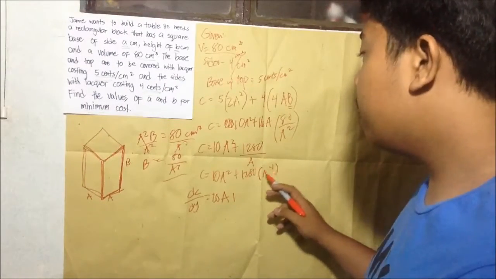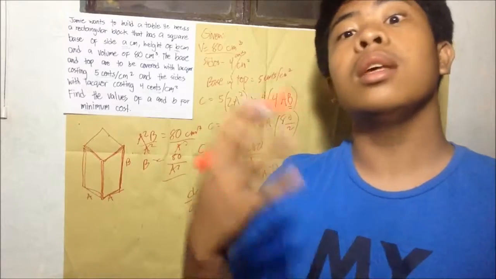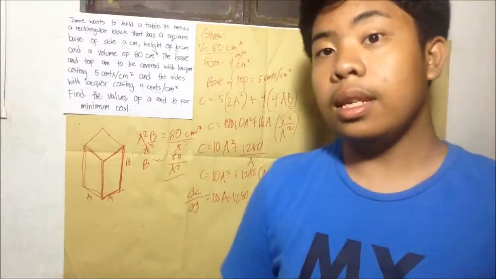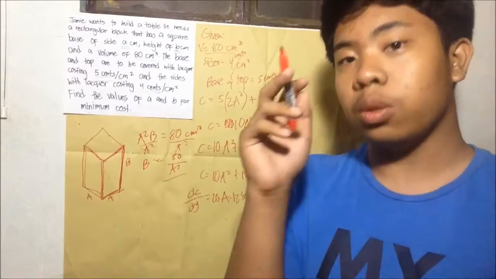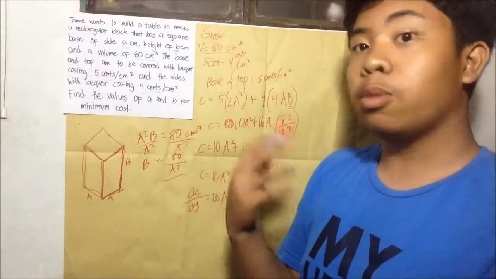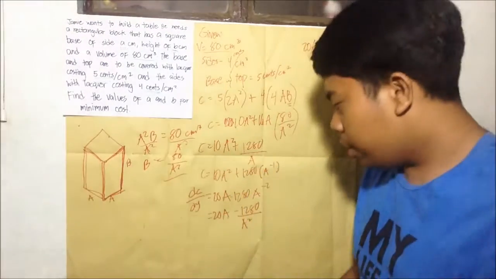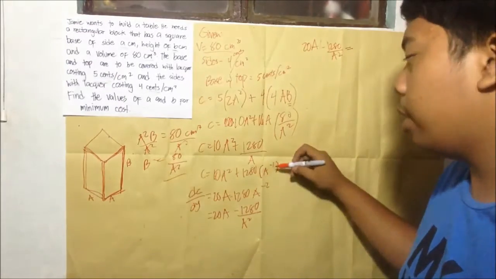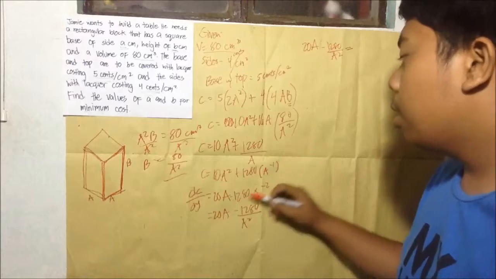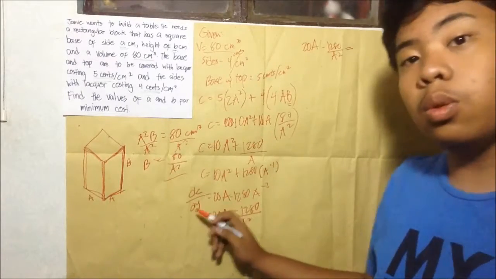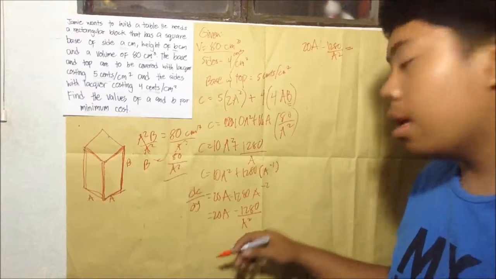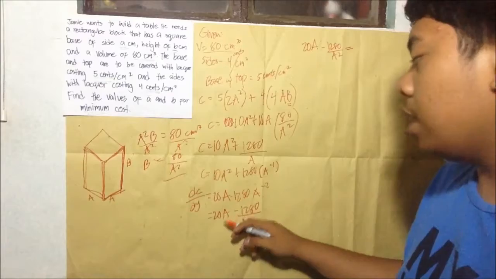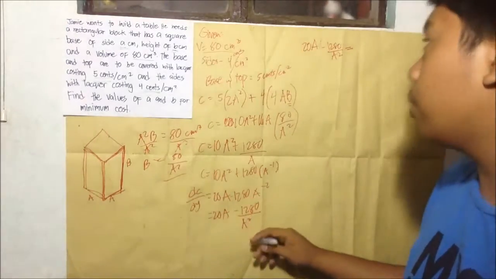So negative 1 times 1280 is negative 1280 times A raised to negative 2. Rearranging this gives us 20A minus 1280 over A squared.